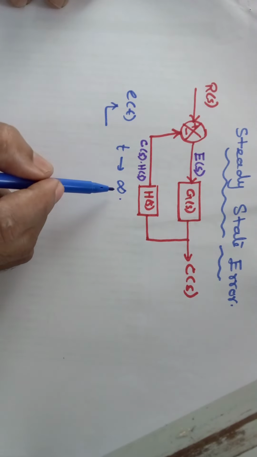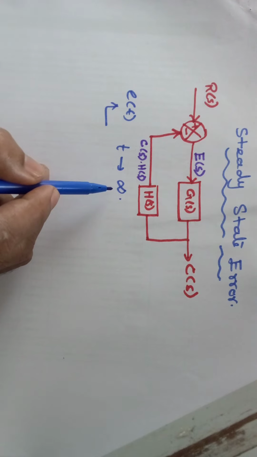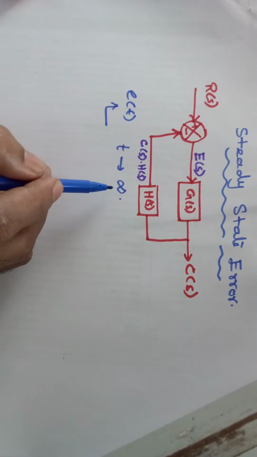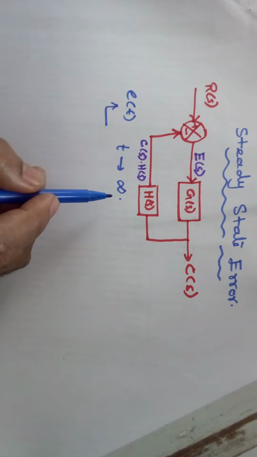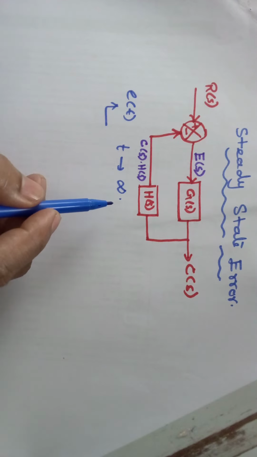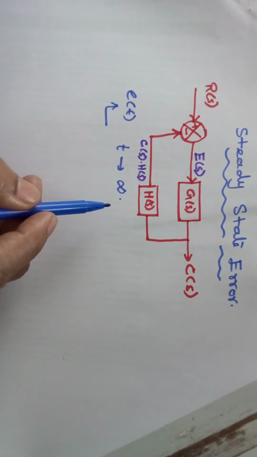So when t tends to infinity, or when the system is in its steady state, how much will be the error? Because of the non-linearities present in the input signal or in the system components, there will be some errors when the system reaches its steady state value. That is what the steady state error is.